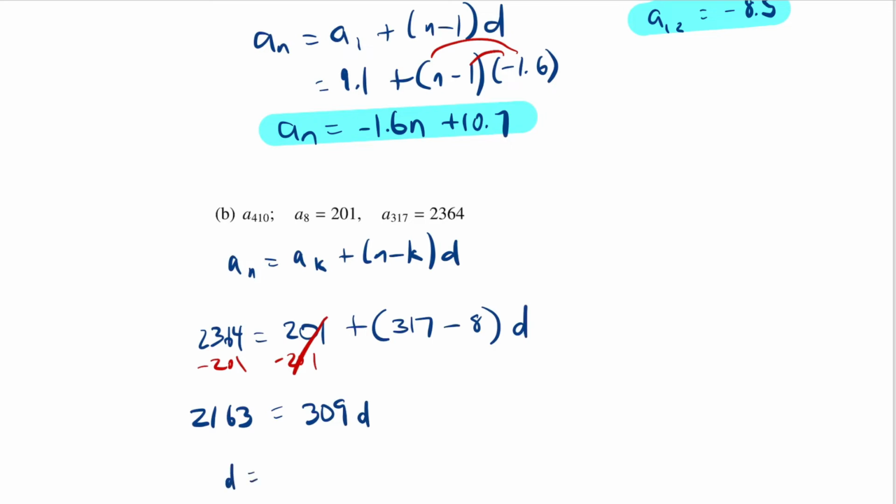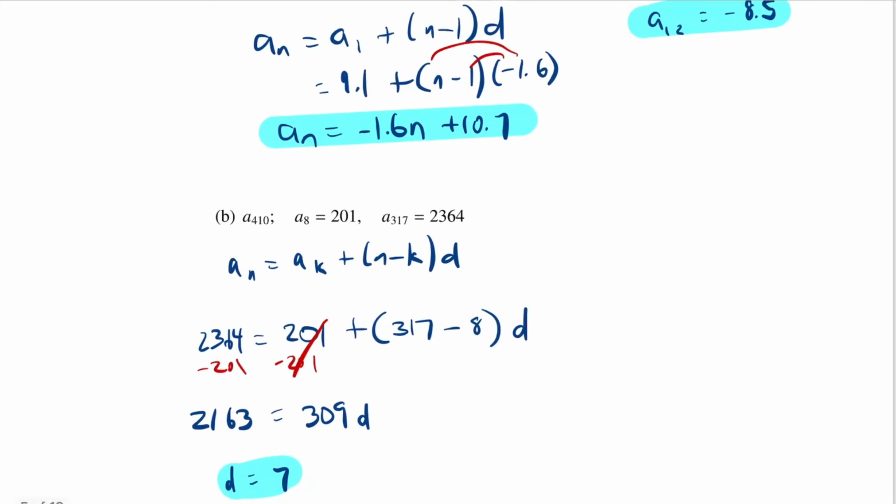Okay, once you have the common difference, now we can, let's see, what can we do now? All right, so now let's go back to the first one, a sub n equals a sub 1. Actually, we should be able to use the same formula. So let's use the same formula. All right, now that we have d, okay, so let's use this. So we got a sub n, which is a sub 410 is what we're looking for.